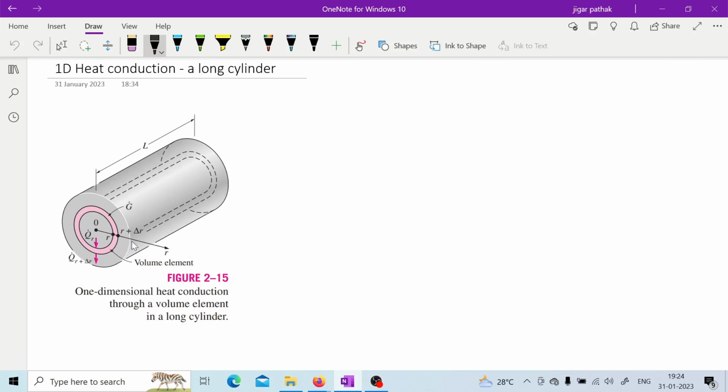Area is 2 pi r L. So if you consider all those things which we have considered in the previous case, then you will come up with something like this, right? I am directly writing this.